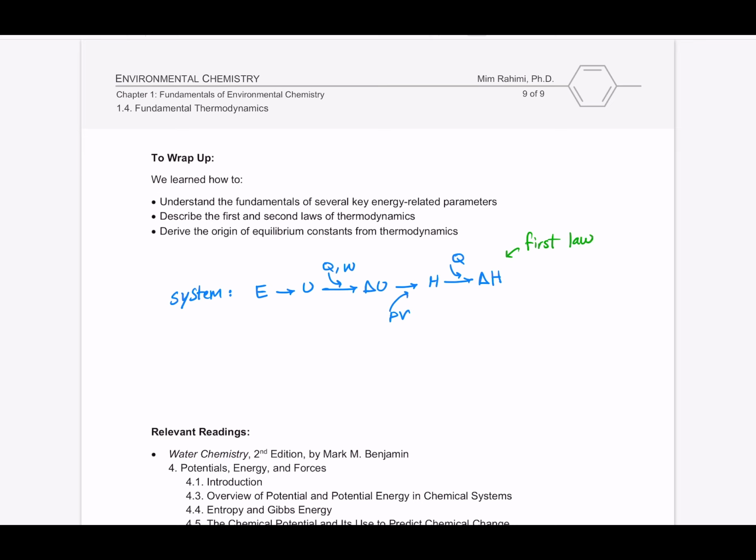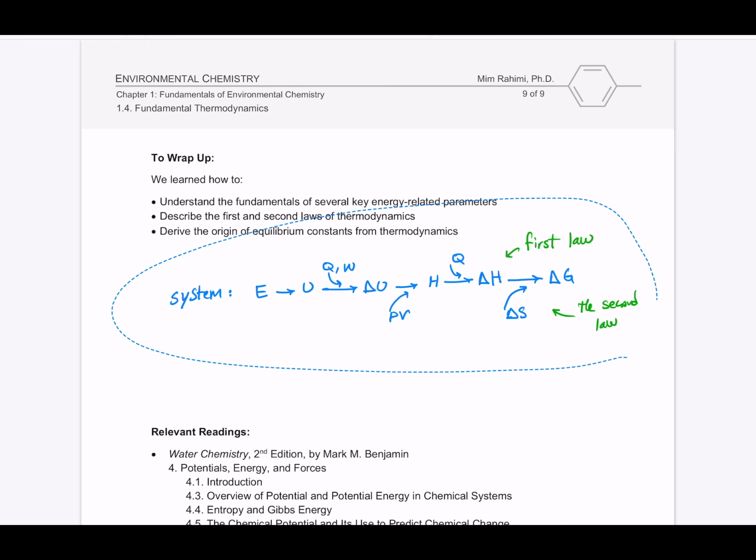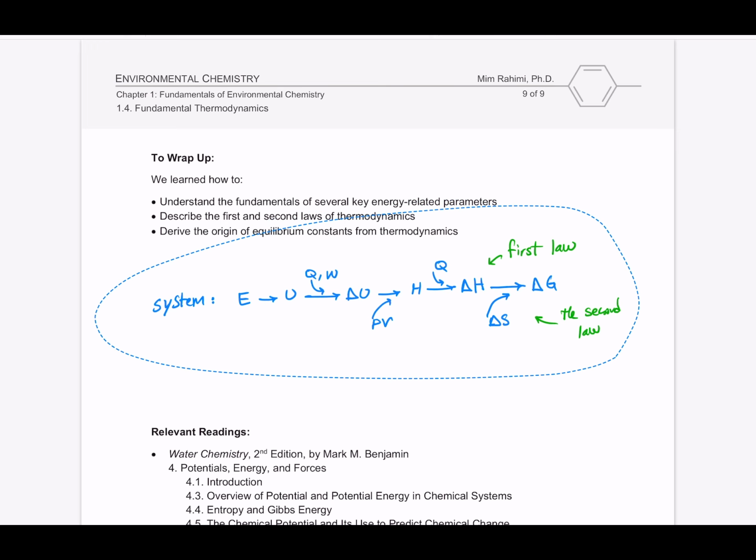Then we brought entropy to the table, delta S, and then we defined delta G based on that, which was the second law. And in terms of G, we first defined G for individual species at the standard condition per mole.